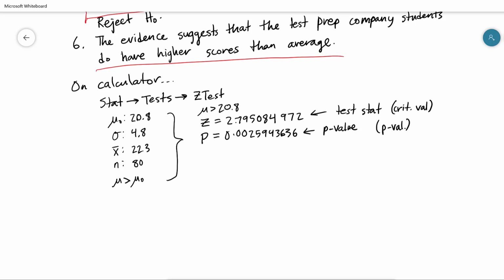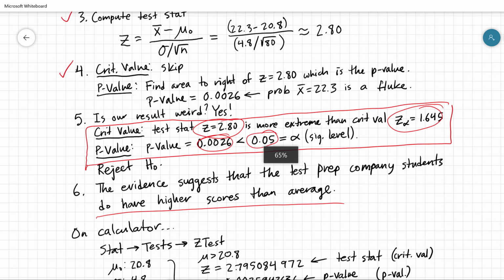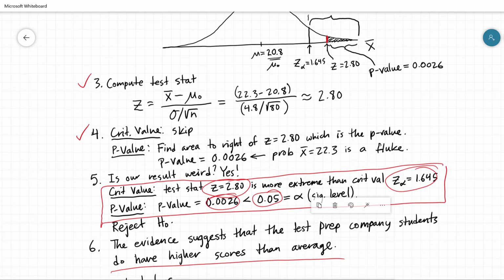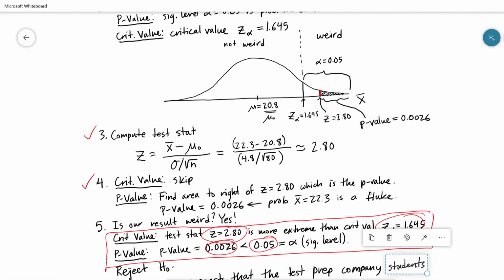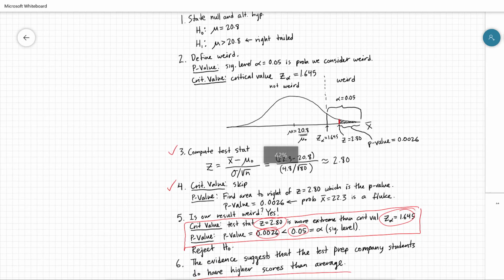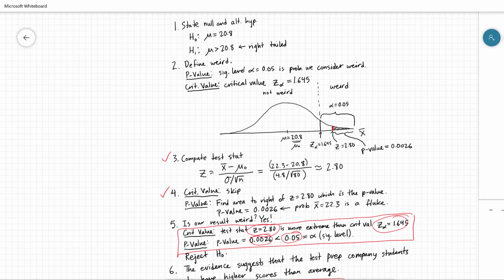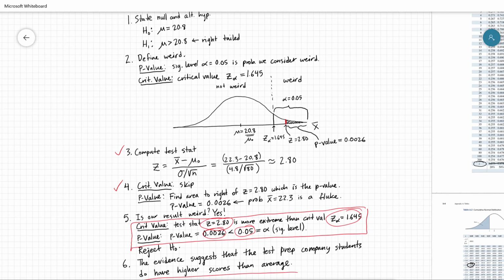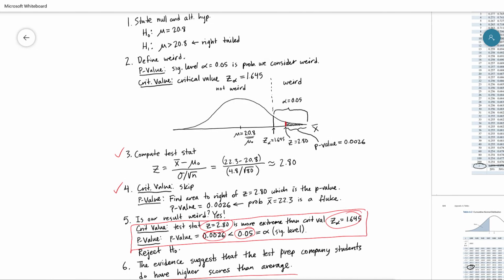But otherwise, those same 6 steps will hold in section 9.3 as well.